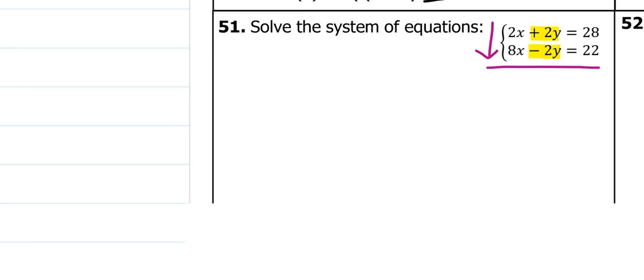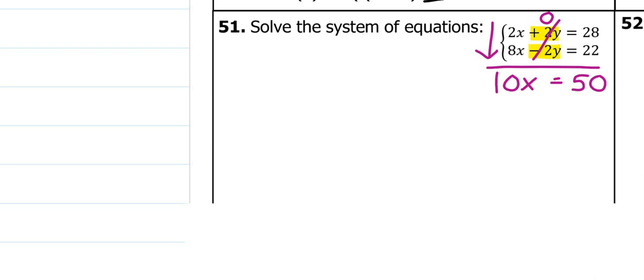2x plus 8x is 10x. Positive 2y minus 2y, those are going to cancel. It's going to give you 0, so I don't even have to write it. Equals 28 plus 22. That gives you 50. That's a really simple problem now. 10x equals 50.